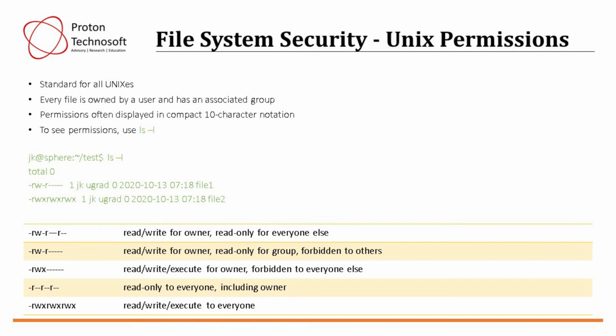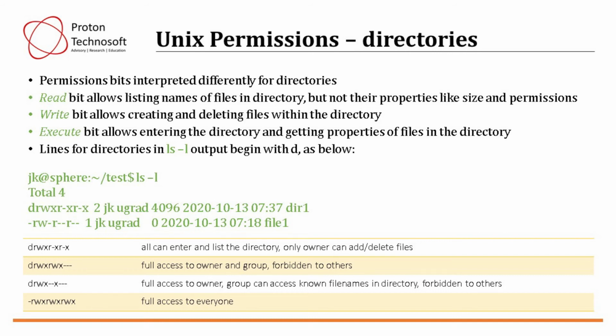That's clear. Okay. From a directory standpoint, the permission bits are interpreted differently. Read allows listing names of the files in the directory, but not their properties like permissions, etc. Write allows creating and deleting files.